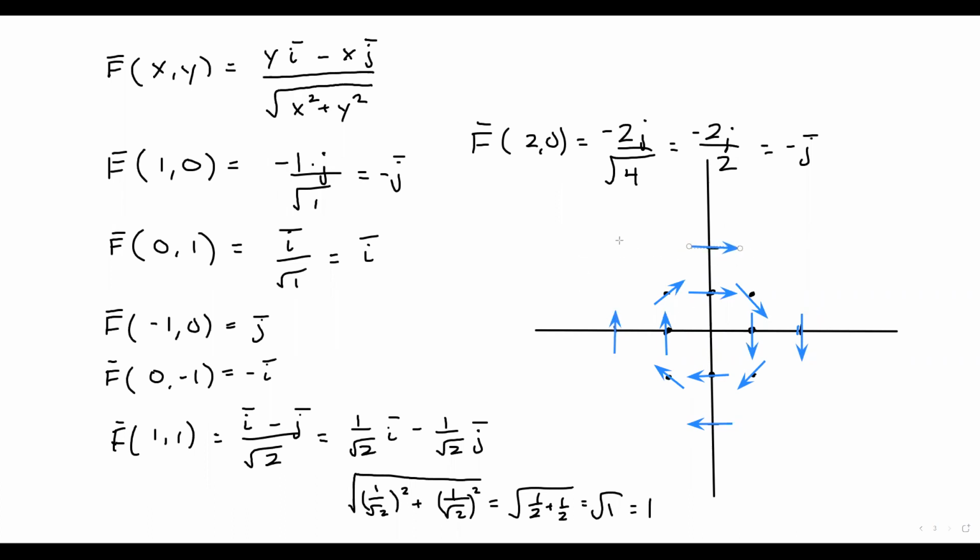The same thing is true along the diagonal: at negative 2, 2, we're going to have the same vector that we do here. And so on. So you get a consistency in the lengths of the vectors, and the vectors don't get longer as you move away from the origin.